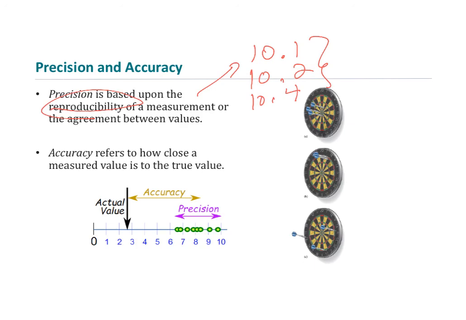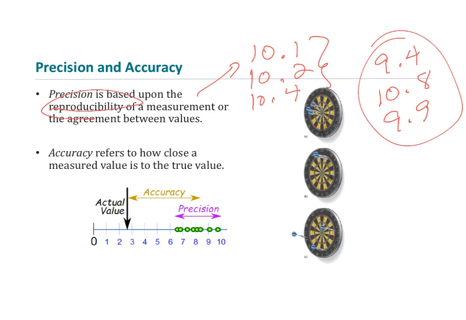Let's say you try to use the beaker and then somebody checked the volumes. In the beaker, let's say you got 9.4, 10.8, 9.9. So your precision is not as good if your equipment's not as good. Precision is reproducibility, or the range between your numbers.